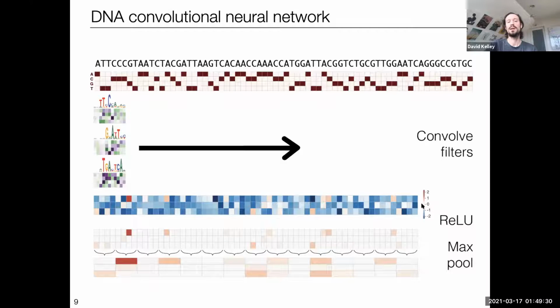The most common one right now is a ReLU, rectified linear unit, where you basically just set all the negative values to 0. So we just want positive recognition of our position weight matrices. We don't care how much a certain string doesn't look like our filter. We just want the occasions where it does look like the filter.